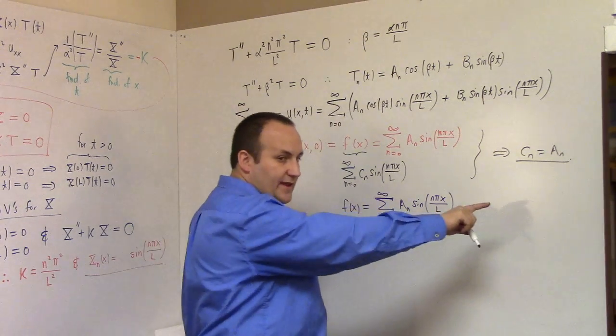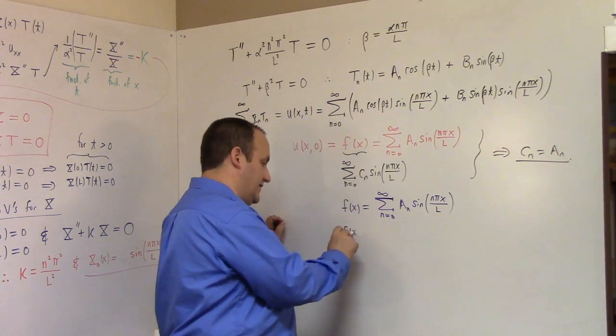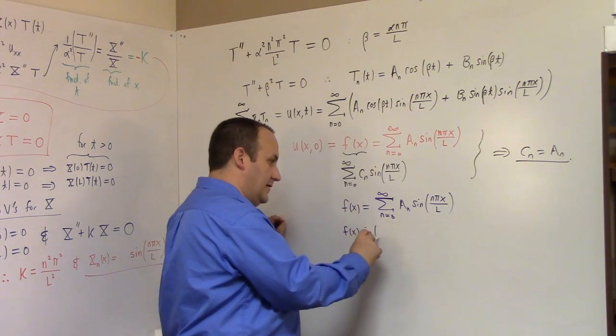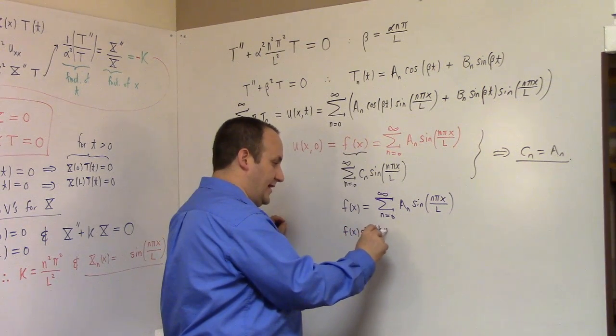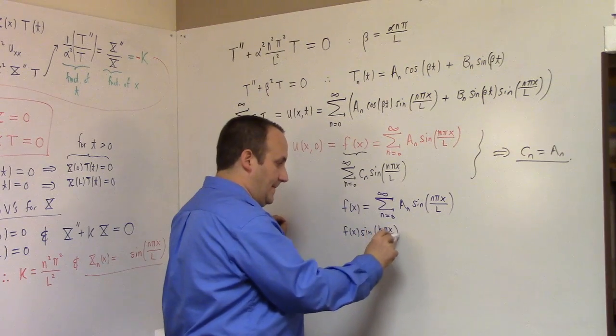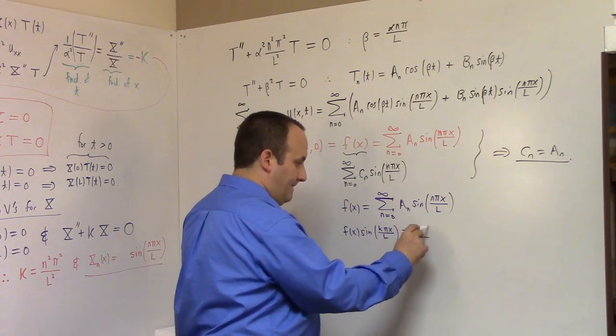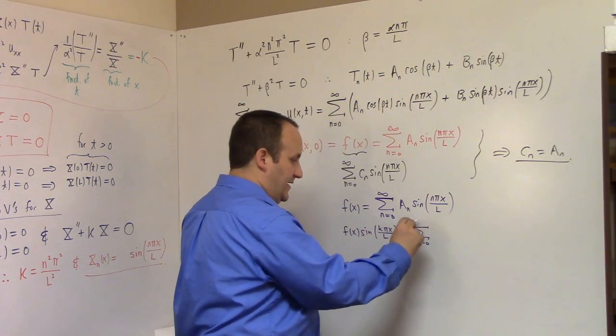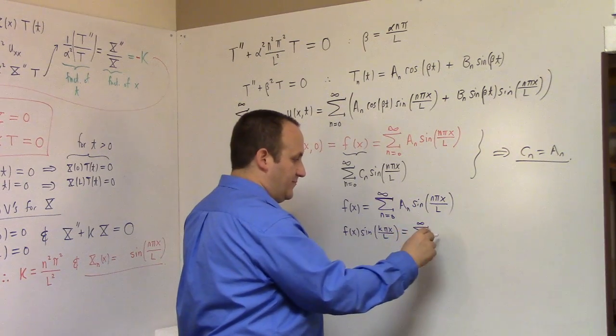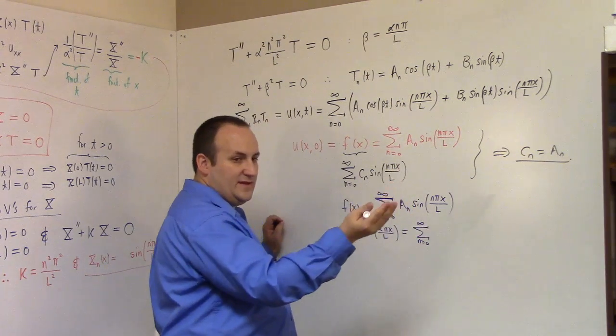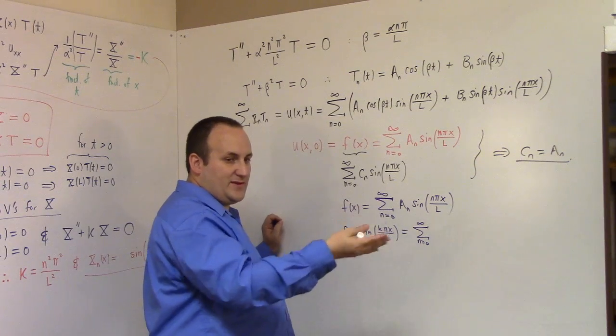So step 1, multiply both sides by the sine of k pi x over L. I'm using the fact that if you have an infinite series and you multiply it by something, it's multiplying term by term.